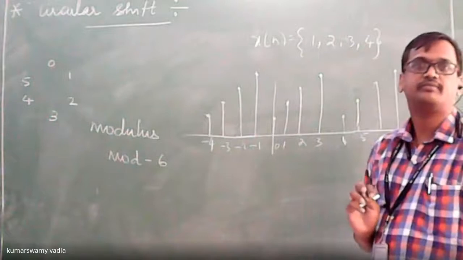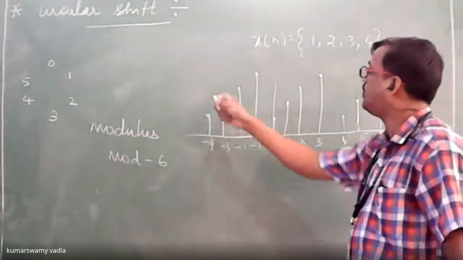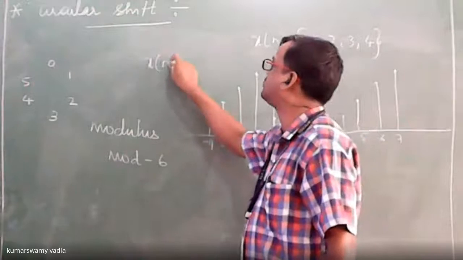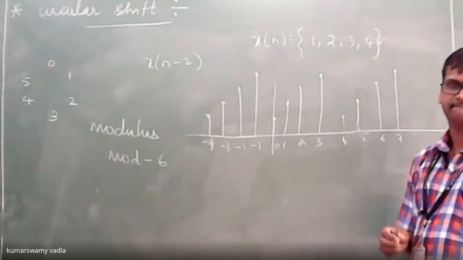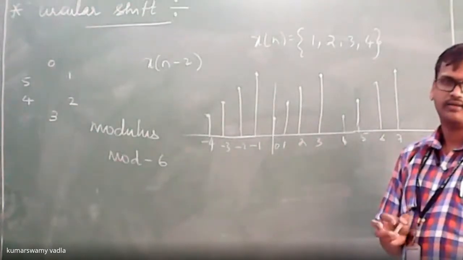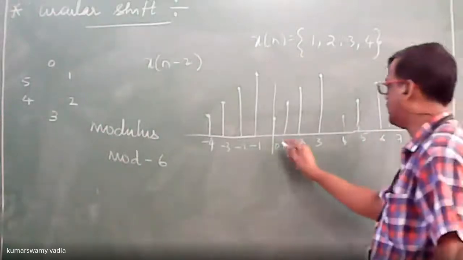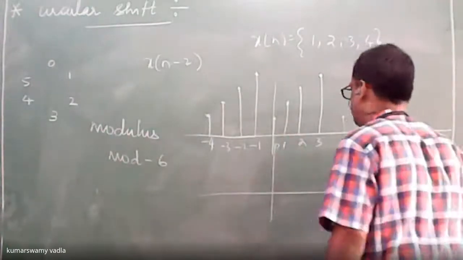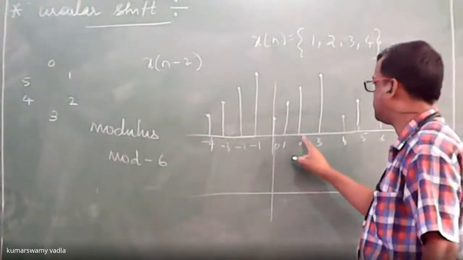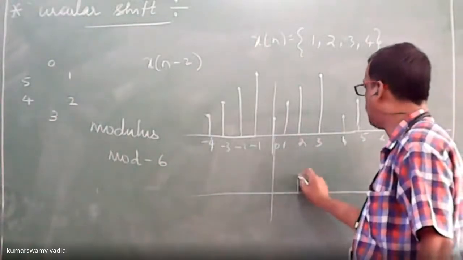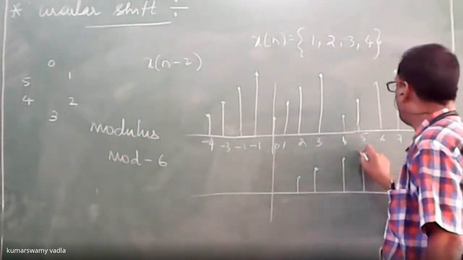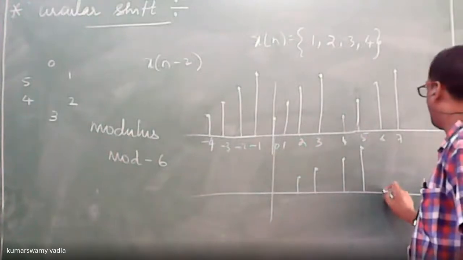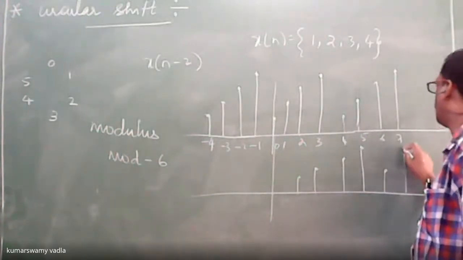See here, friends. If I want to represent x of n minus 2, what should I do? Shift to the right side, sir. By 2 positions. Okay. So see here. Now 0 will come and sit across 2: 1, 2, 3, 4. Then again 1 and 2.